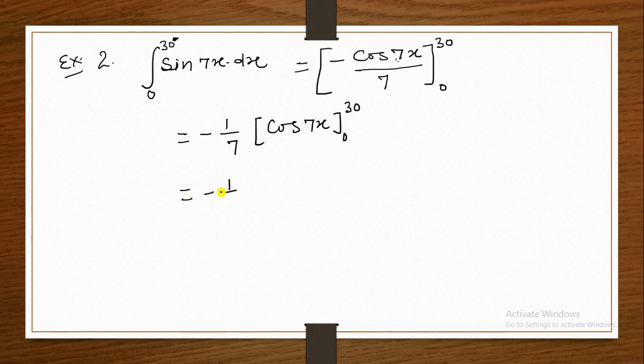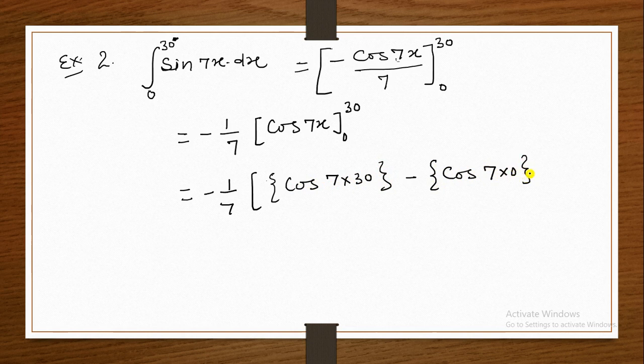Put the limits: 1 upon 7, first the upper limit, meaning 7 into 30, minus the lower limit, 7 into 0. This means the limits are put in the place of x. Why? Because the integration is with respect to x, so we put the value of the limits only at the place of x.